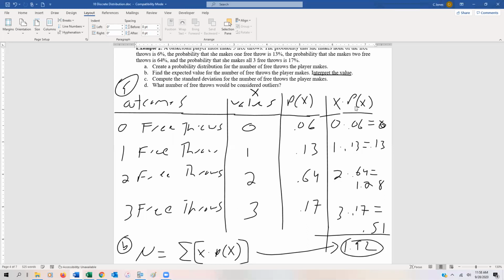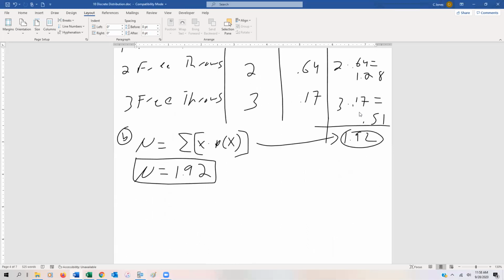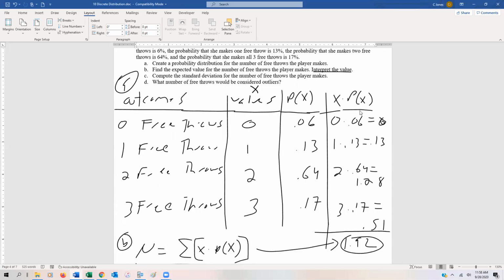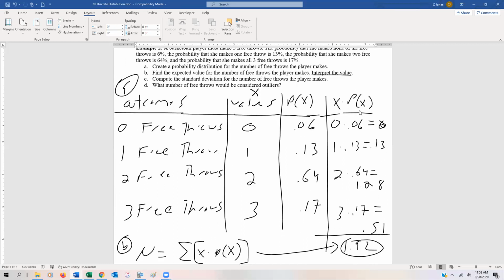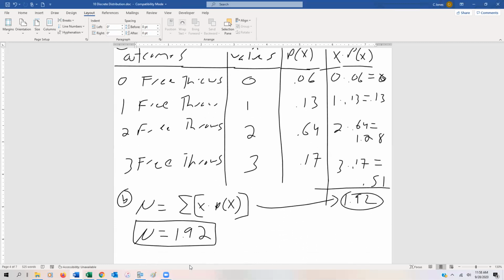So we also have to interpret the value. And this is basically, if the player were to make 3 free throws in a large number of games, we would expect the player makes about 1.92 of those free throws out of every 3.